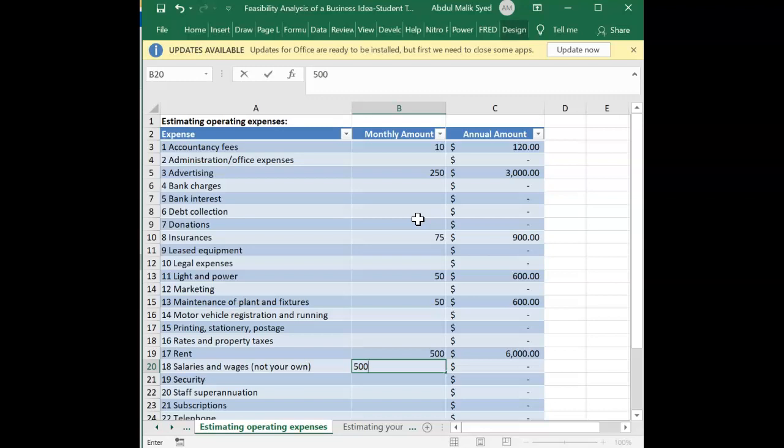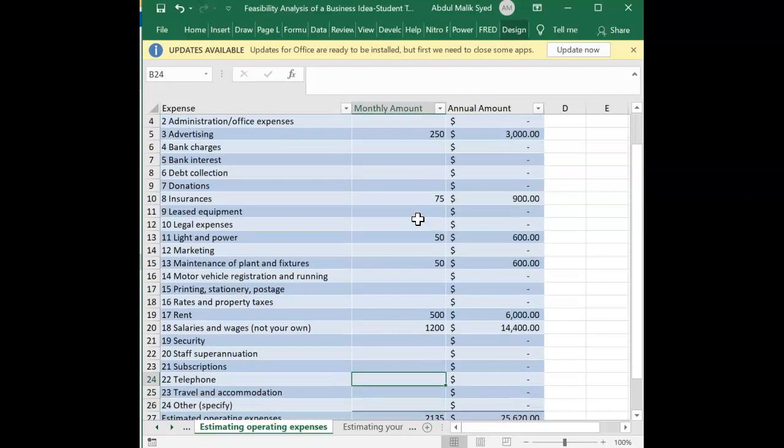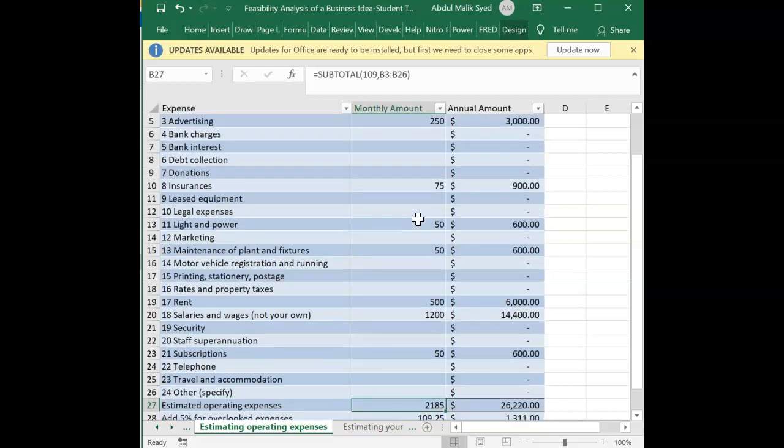Maybe 500 will be less. Maybe 1200, let's say. Security, we don't have staff. Superannuation is taken care of here itself. Subscriptions, we don't have. Internet, Wi-Fi we have to provide, so let's say $50 for this. Telephone, we don't require. Travel and accommodation, we don't have any.